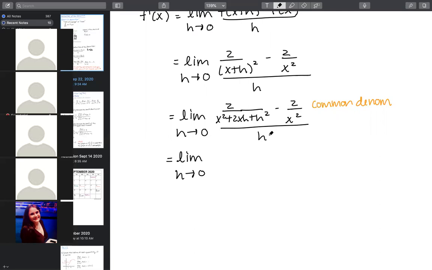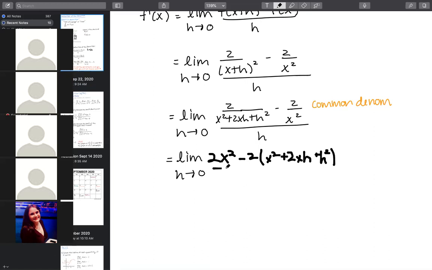So it's going to end up shaking out to be 2x squared minus 2 times the denominator of the first term. I apologize for how slow this is going.